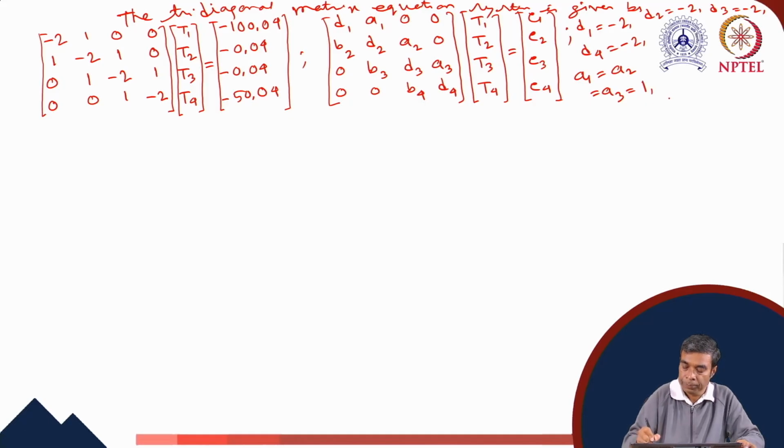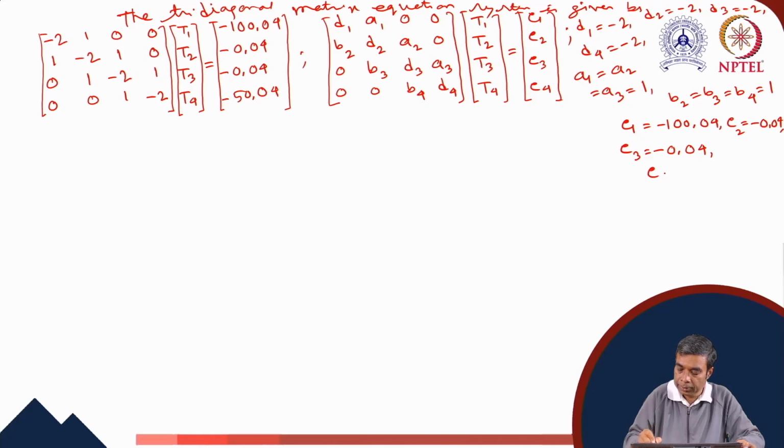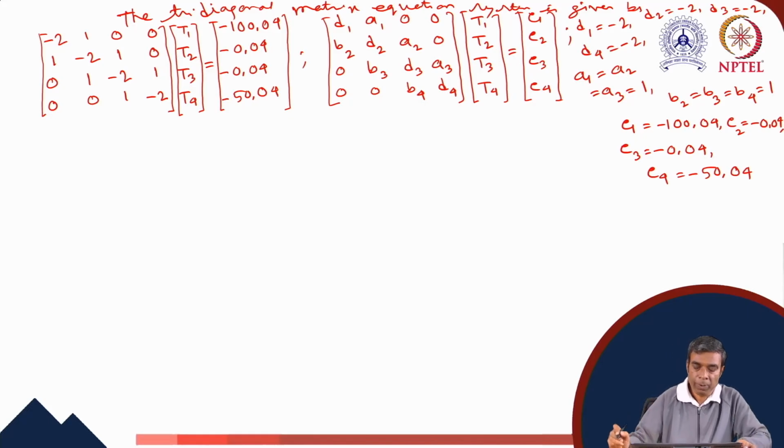We have B2 equals B3 equals B4 equals 1. We have C1 equals -100.04, C2 equals -0.04, C3 equals -0.04, and C4 is -50.04.